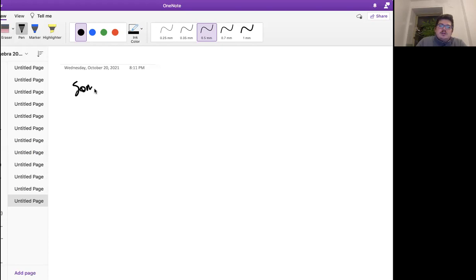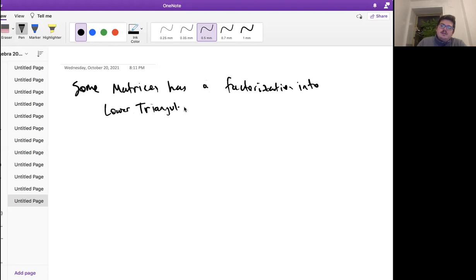So some matrices have a factorization into a lower triangular, which I haven't defined, and an upper triangular.